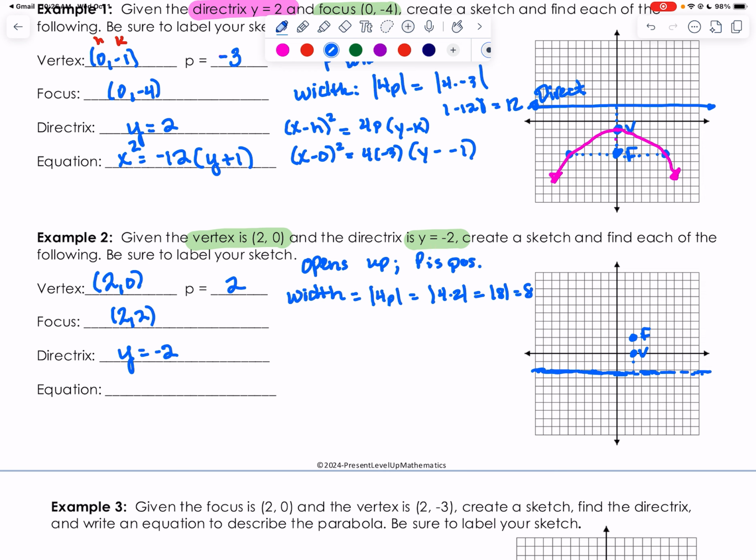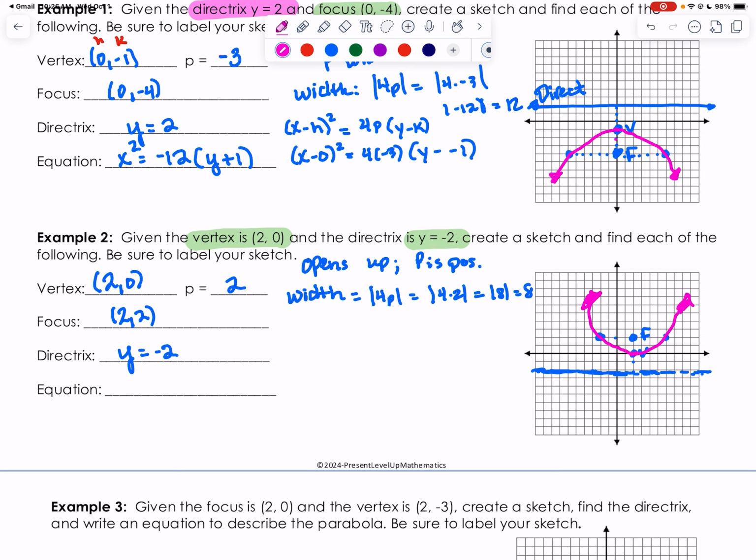That means I need to go 1, 2, 3, 4 to the right, and 1, 2, 3, 4 to the left. All right, now we can connect our parabola with a smooth U-shaped curve. That's not the best one I've ever done, but you get the general idea.